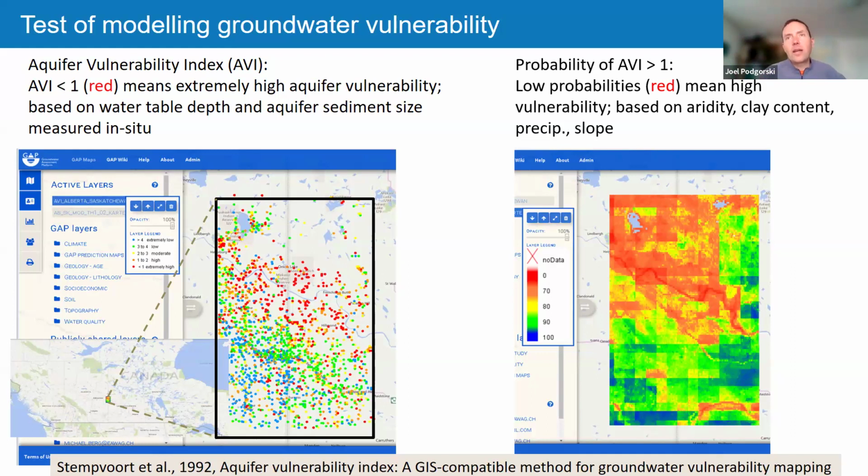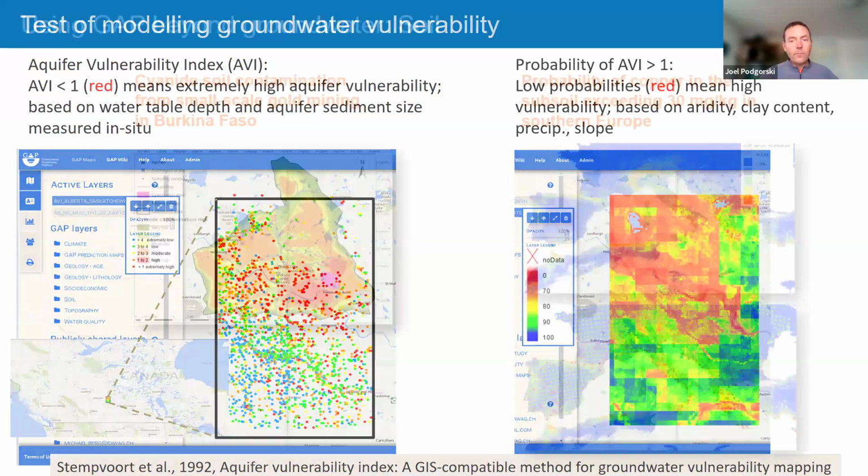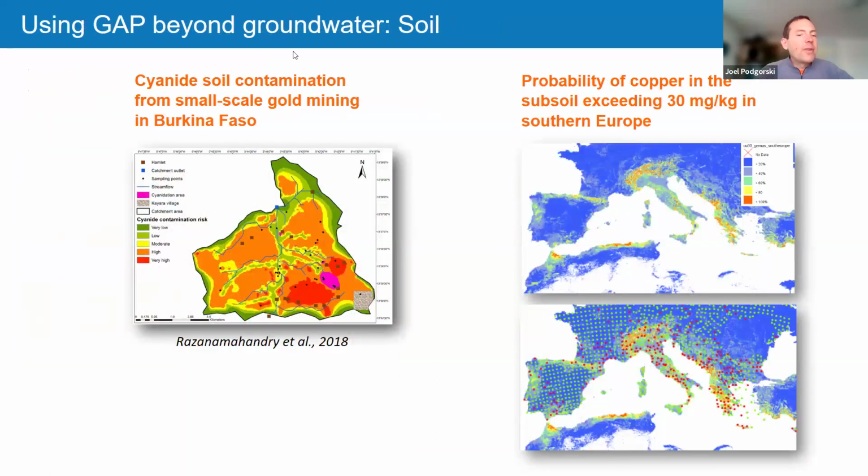And that's what was done with that China study. All of the layers that were used there were not necessarily already on GAP, and so that student had to upload those. But once she got them into the system, under her account, she used them as predictor variables to create that model. On the left was that example I mentioned from Burkina Faso, about gold mining, and she published that too, which is really nice.